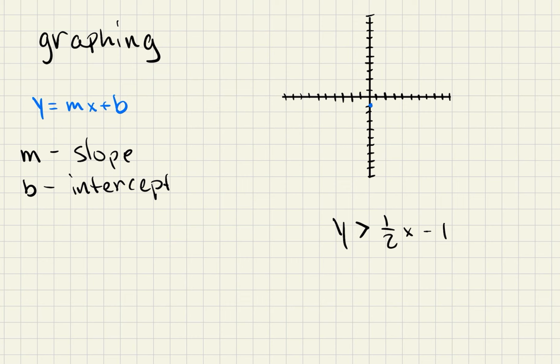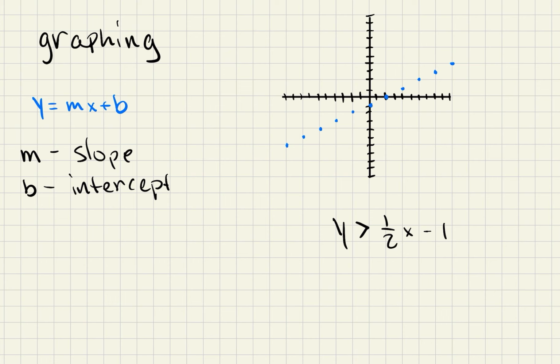So we go up 1 and over 2. And this one is fairly simple. Okay, there's that side. And then we're going to go ahead and do the same over here. Okay, so now we have our line.